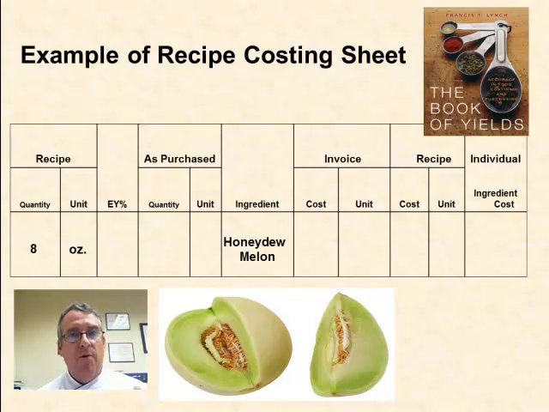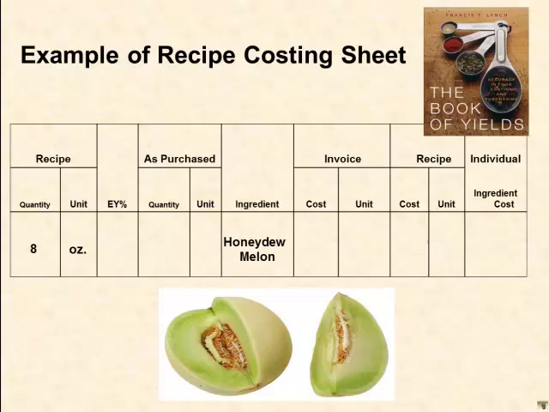All right, almost half. Half of what we purchase is going to go in the trash. Half of it we're going to be able to serve to our customers. Big deal. What does that mean? Well, that means that if we only purchase the amount stated in our recipe, in this case 8 ounces, we would run short after we removed all of the waste. We need to compensate for that waste and purchase extra of our product.